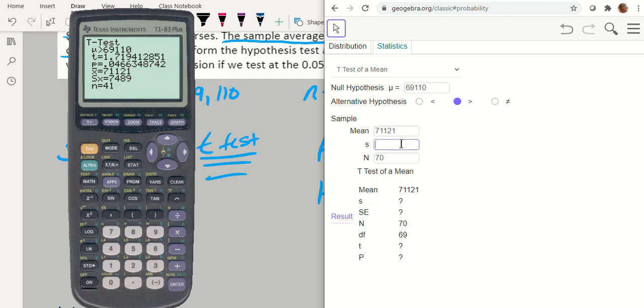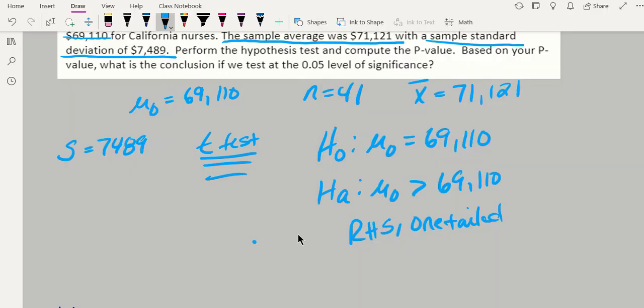Our sample standard deviation is 7,489. And again, our sample size is 41 people that were selected. As you can see, you still get the same answer for both of them, right? We see that our t-test statistic here is 1.7194 and we still see that our p-value is 0.0466.